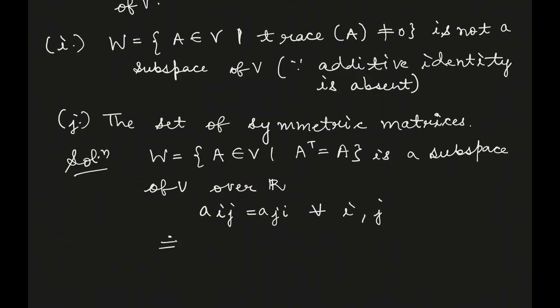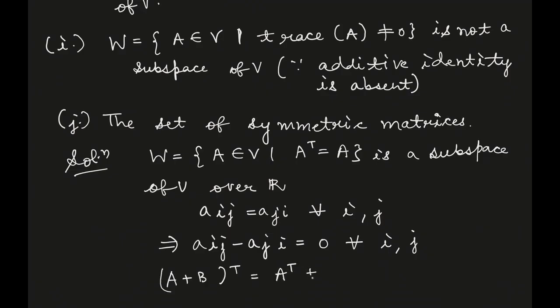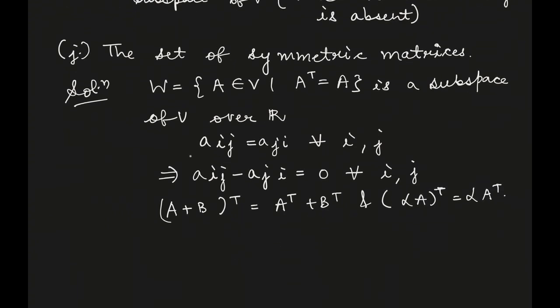So this implies Aij minus Aji is equal to 0 for all i, j. This means that it has the additive identity also, and it will be linear also. If I check those conditions by definition, then A plus B transpose is A transpose plus B transpose, and alpha A transpose is alpha A transpose. So all the conditions are satisfied, so it is a subspace.